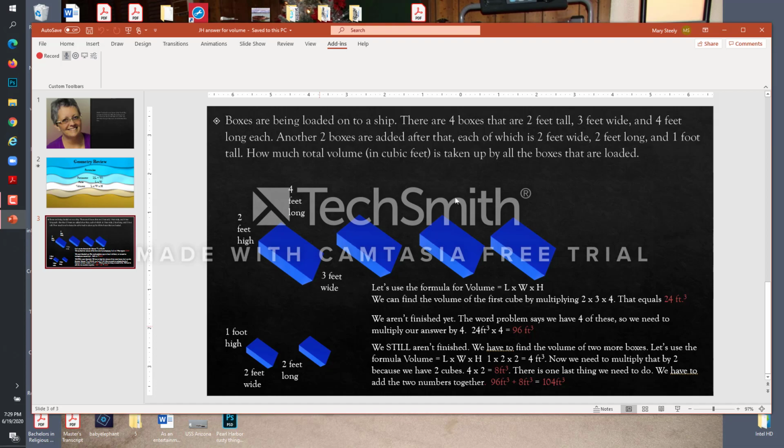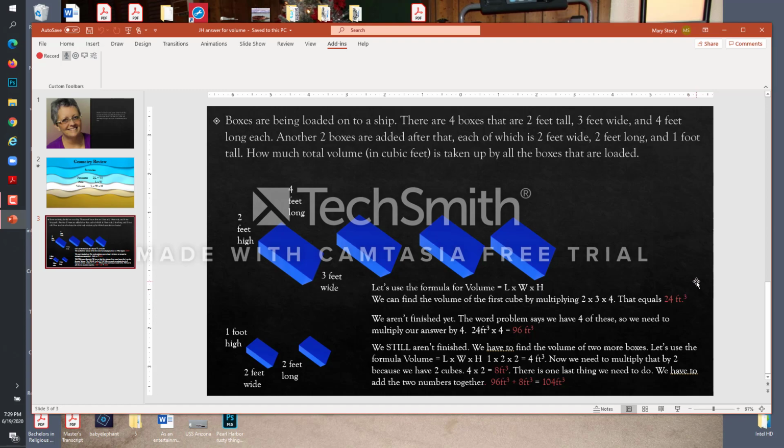All right, so let's use our formula for volume, which is length times width times height. We can find the volume of the first box by multiplying 2 times 3, which is 6, times 4, which is 24. So that equals 24. We're talking about feet. And when you have length, width, and height, then you put a little bitty 3 there, and that's what that means.